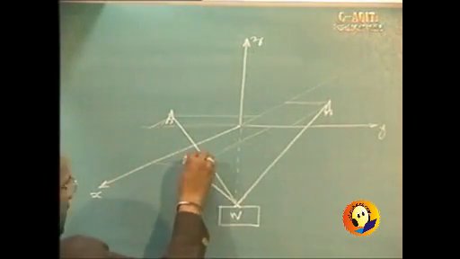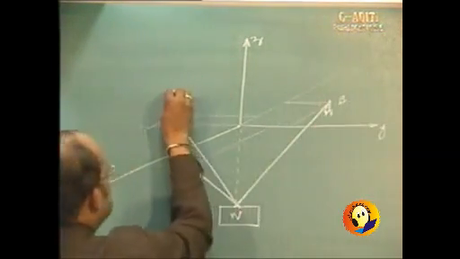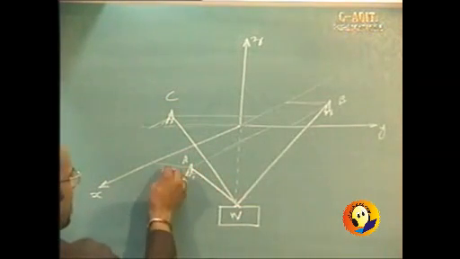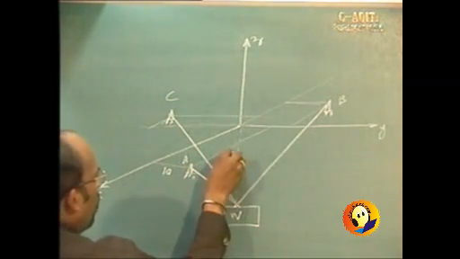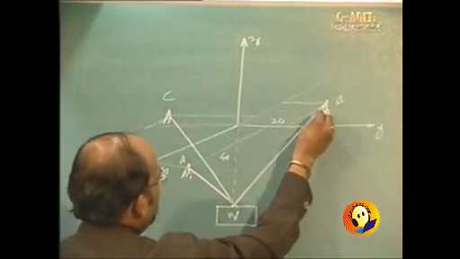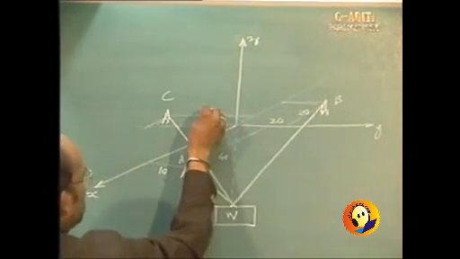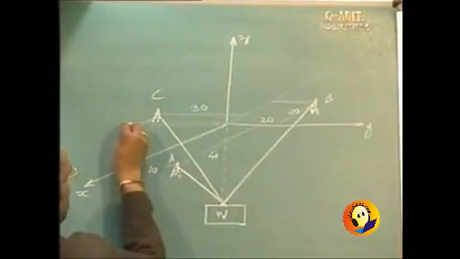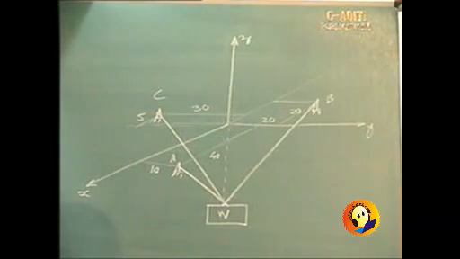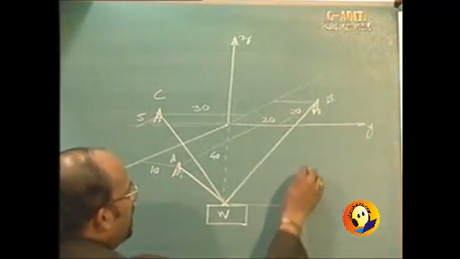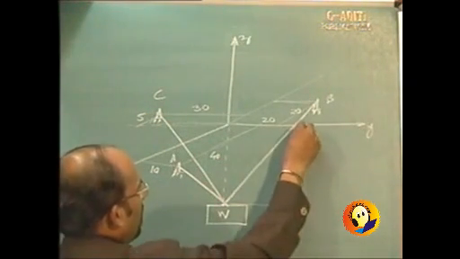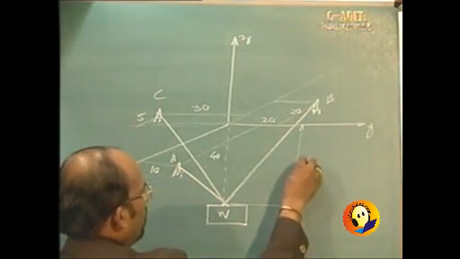Say this is point A, point B, point C, and the distances are given to us as 10, 40, this is 20, 20, this is 30 and 5. And the weight is suspended at a distance equal to 50.